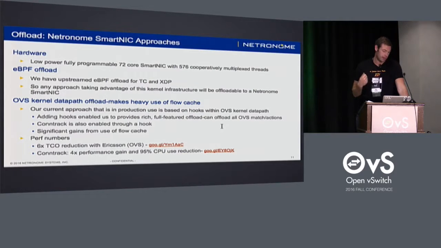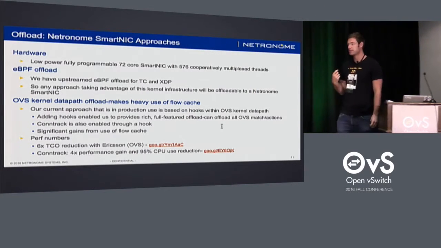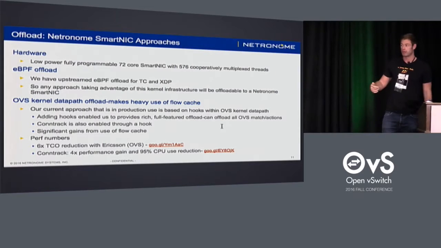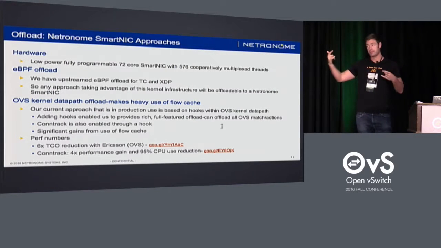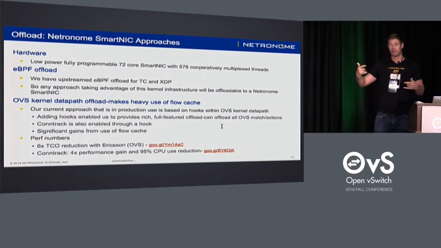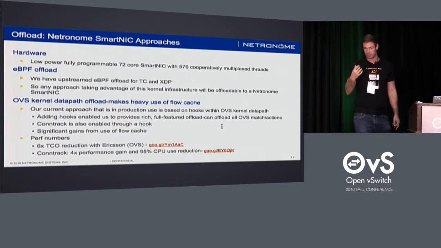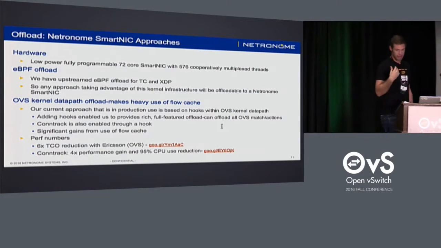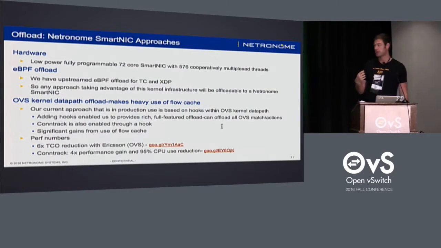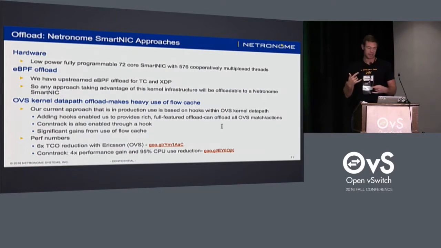So what we have right now is eBPF offload, which we've upstreamed. We've had it go in this week for XDP, and we had it go in a couple of months ago for TC. So that means if you write your eBPF TC or eBPF XDP programs, we can transparently offload those. The maps is still something which we're working on, but we'll get there hopefully in the next couple of months. So we're looking to get there pretty fast. So that gives us fully transparent eBPF offload.